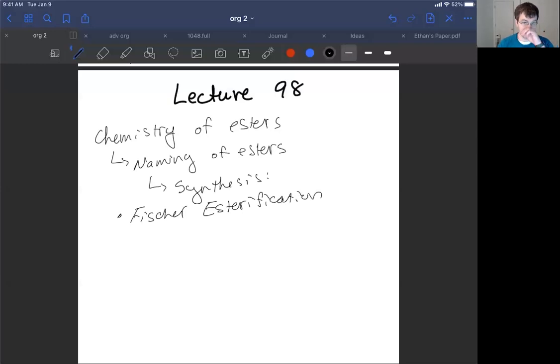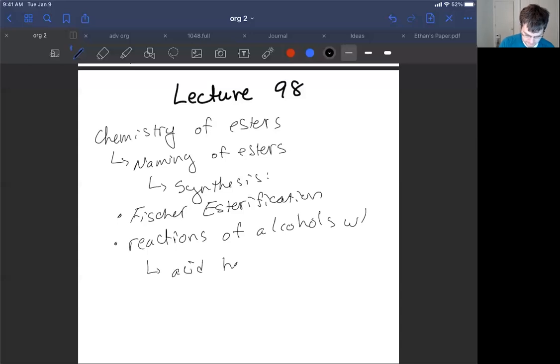And we've also talked about the reaction of alcohols with acid halides and acid anhydrides, or carboxylic acid anhydrides, okay?